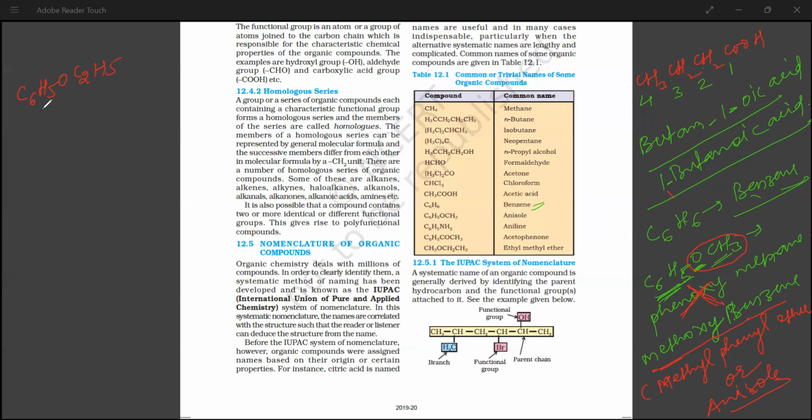Which one is smaller, C6H5 or C2H5? C2H5O is smaller. So it will be ethoxybenzene, and not phenoxyethane. That will not be the right one.